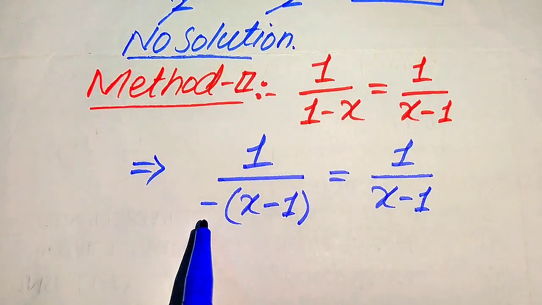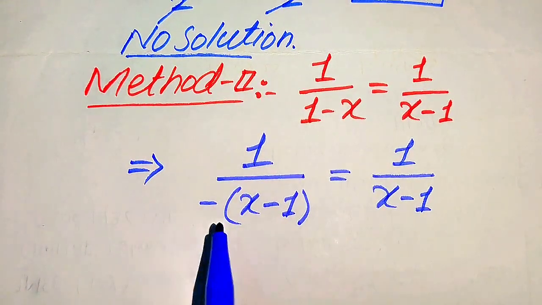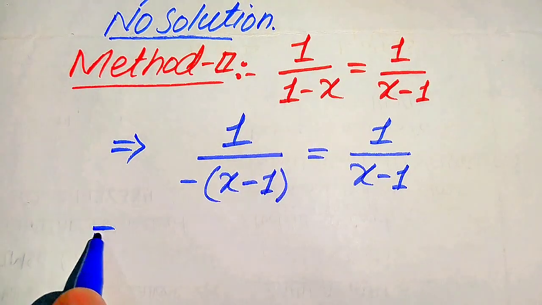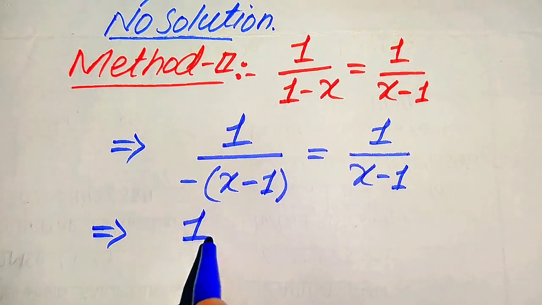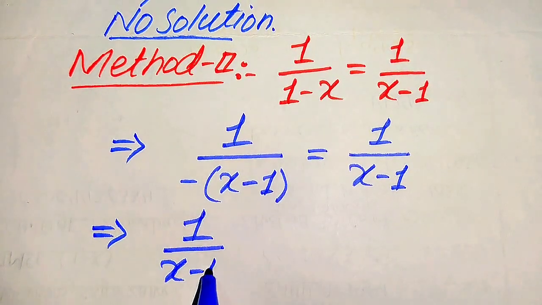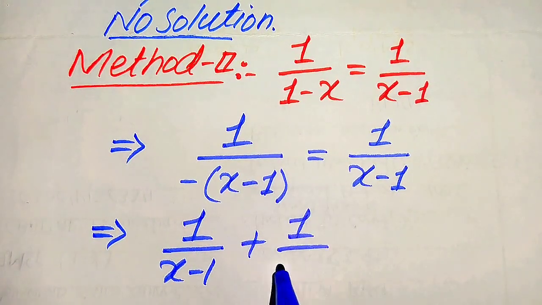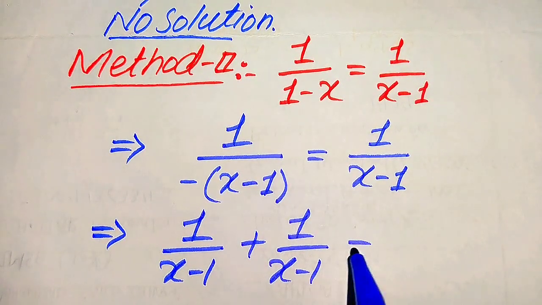Now this is a negative term, so when we move it to the right hand side it becomes positive, and we get 1 over x minus 1 plus 1 over x minus 1 is equal to 0.